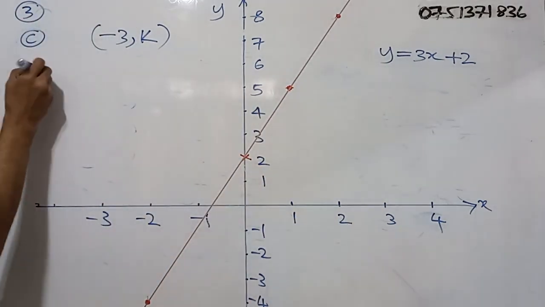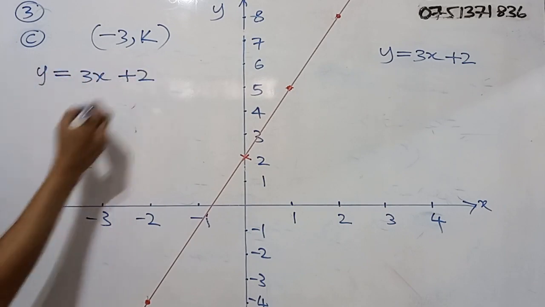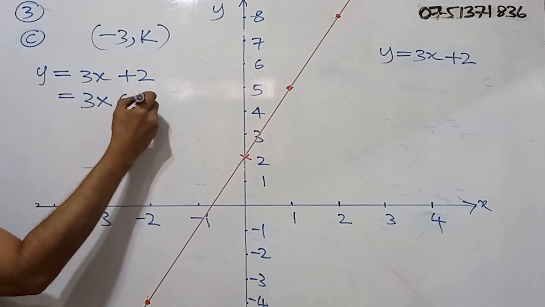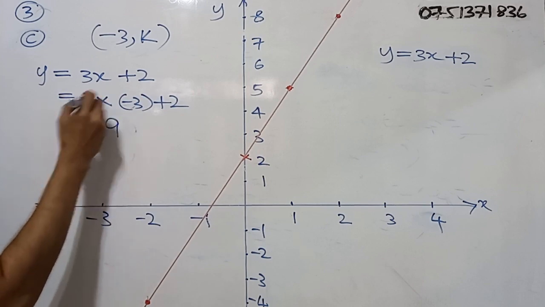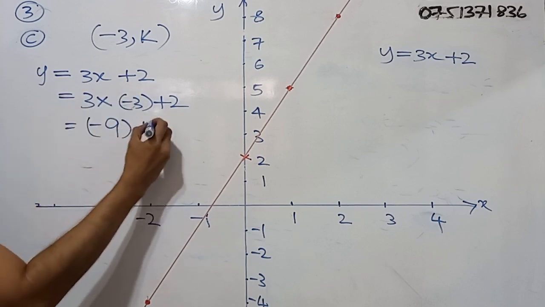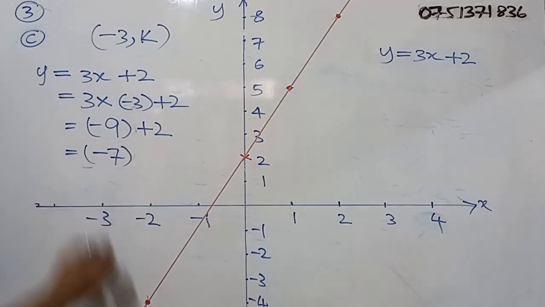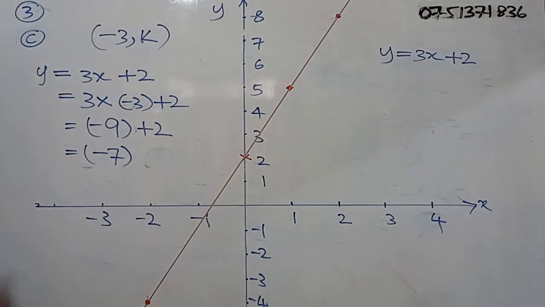So y equals 3x plus 2. 3 into negative 3 plus 2. 3 into 3 is 9, positive into negative is negative, plus 2. The outcome will be negative 7. So the value of k will be negative 7.